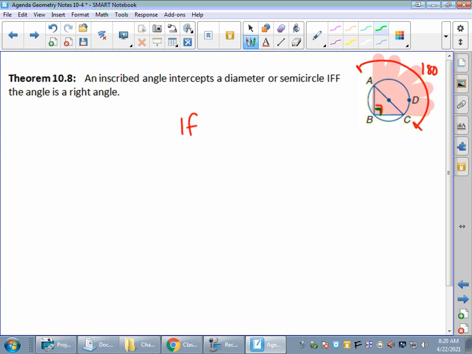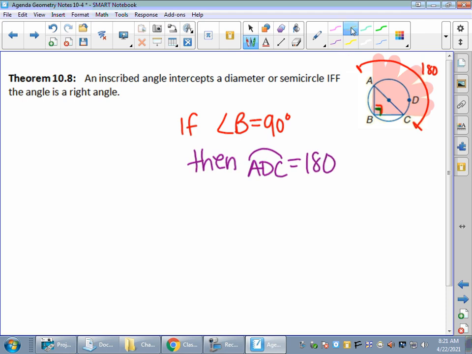So if angle B equals 90 degrees, then I'll say arc ADC equals 180, and AC is a diameter.